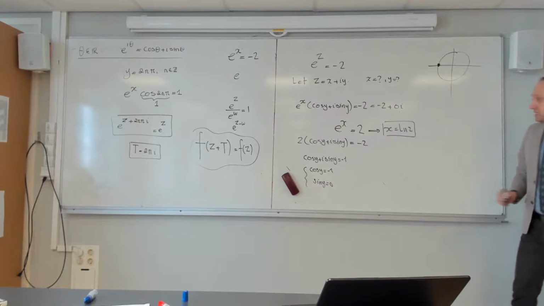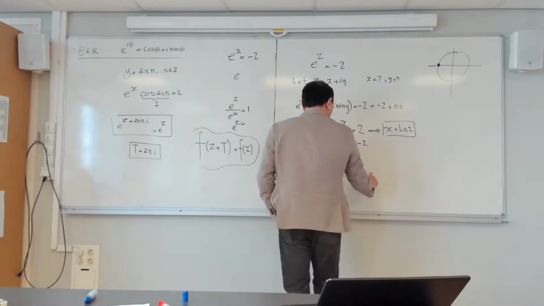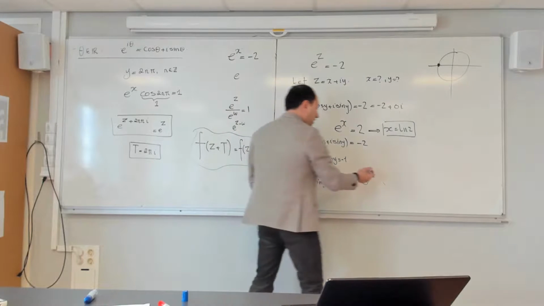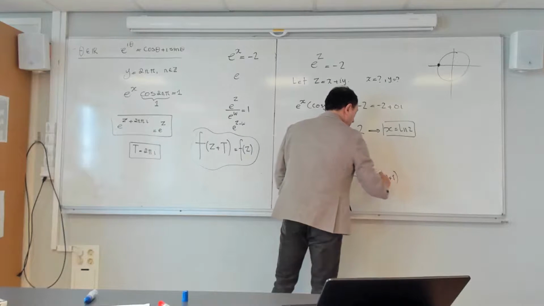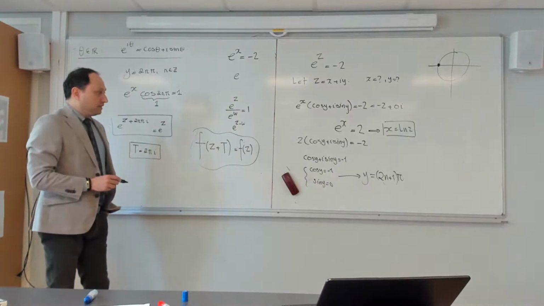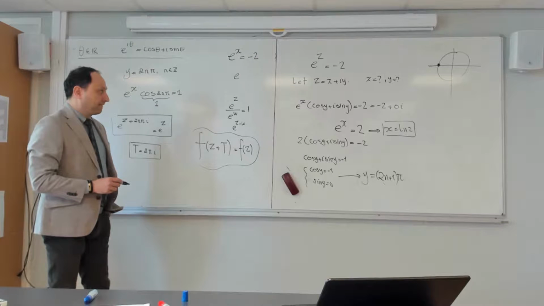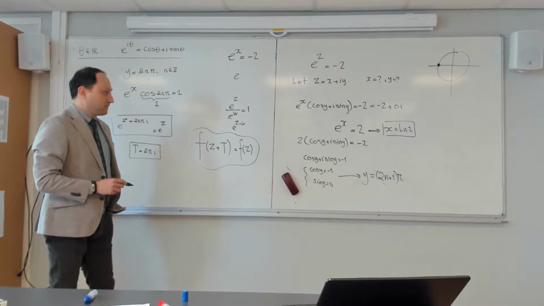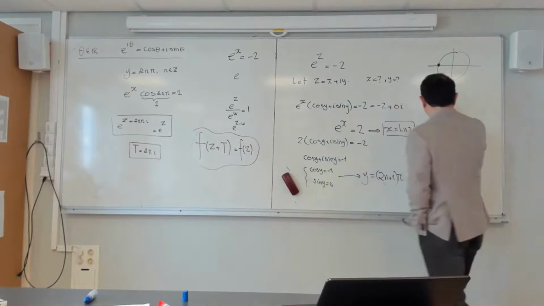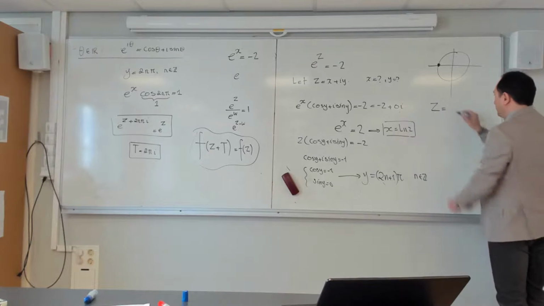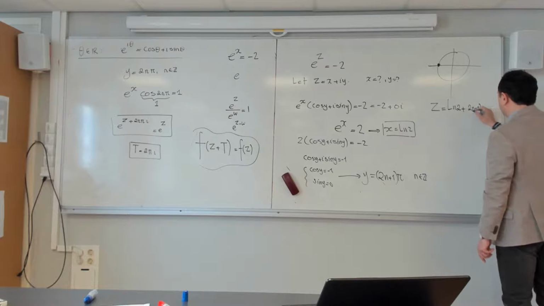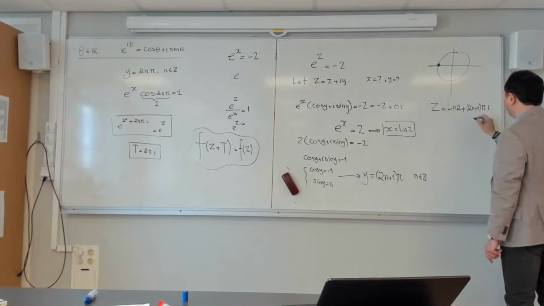It means that y is an odd multiple of pi, so (2n plus 1) pi, where n is an integer. So the answer is z equals x, which is ln of 2, plus y, this guy, multiplied by i, n belongs to Z.